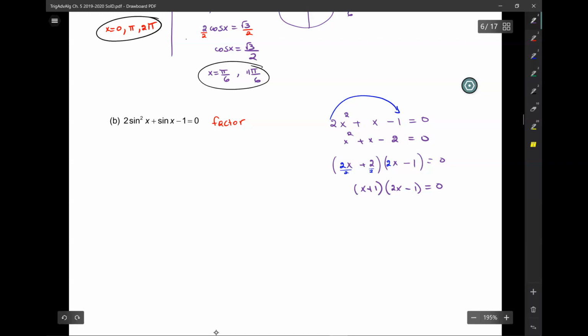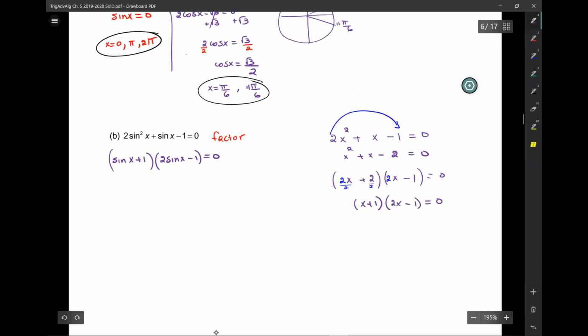So the way I factor this one is sine x plus 1, 2 sine x minus 1. All right. Are we all okay with how we factored this? Okay, now, look at this. I have one thing times another thing. Does it matter where the plus 1 and the minus 1 is? Yes.